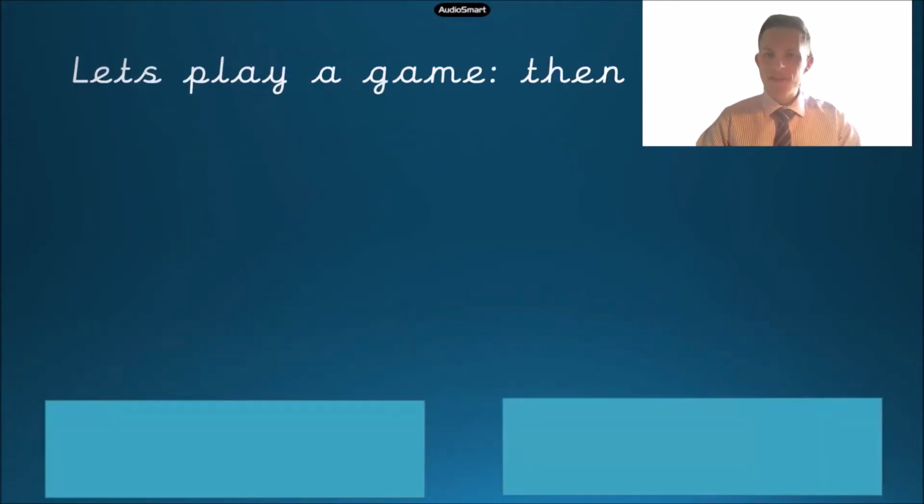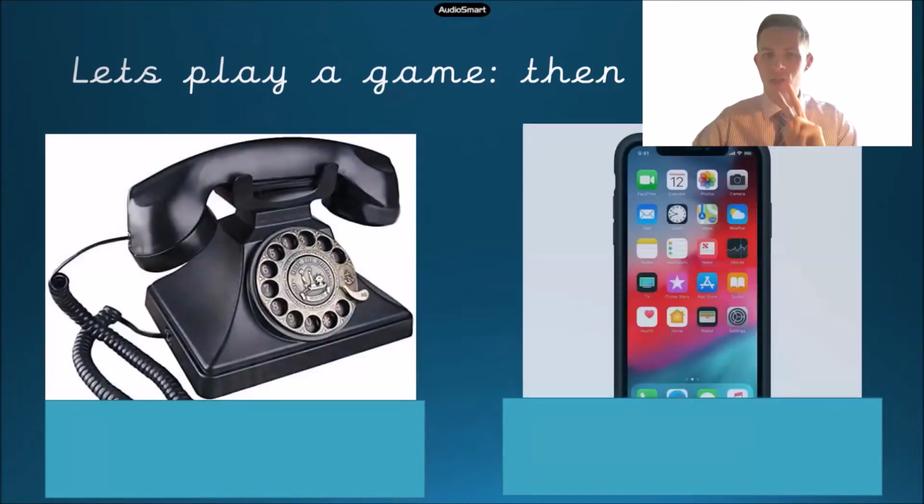So let's have a bit of a game now. Let's think about, is it then or now in the picture I show? I'm going to put two pictures up. Here are our two pictures. Have a look really carefully. Use your detective skills. Which one of the pictures is then and which one is now?